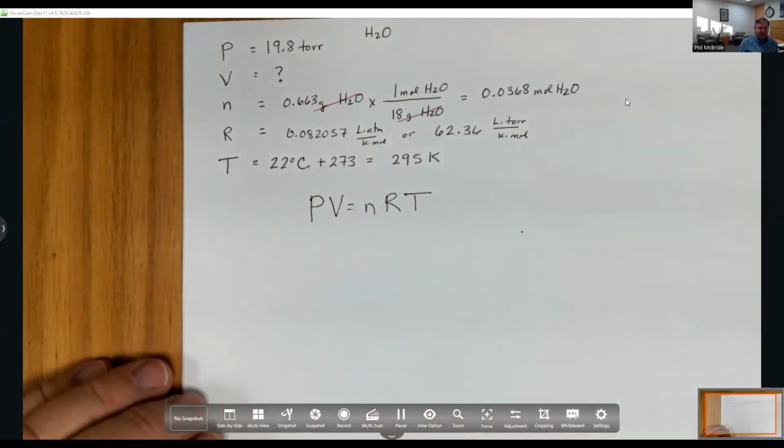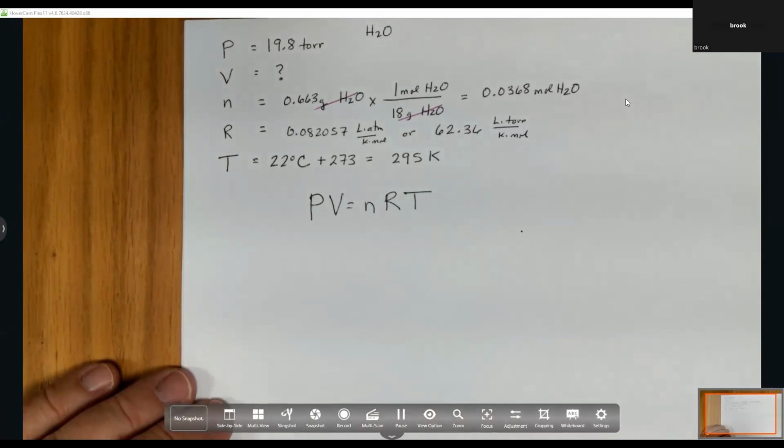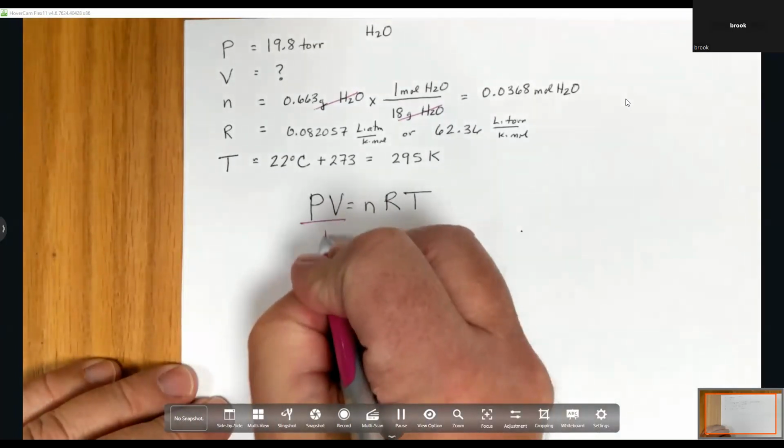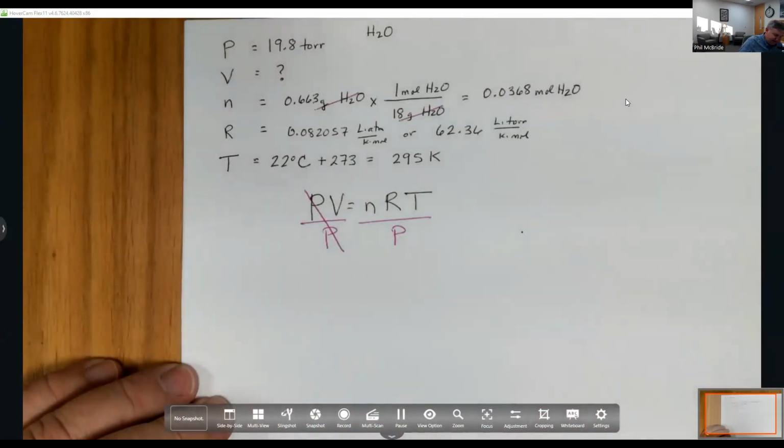How do I solve that equation for volume? nRT divided by P. All right, so divide both sides by P. Now I'm in volume.